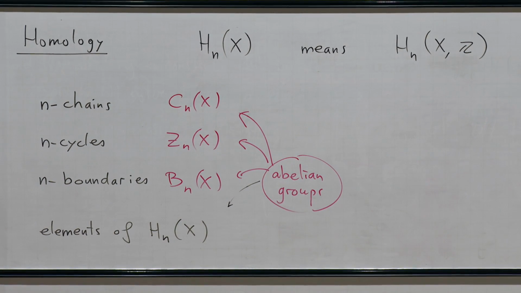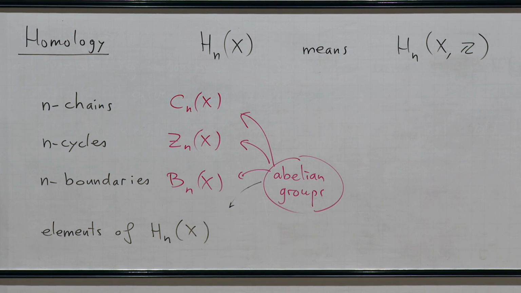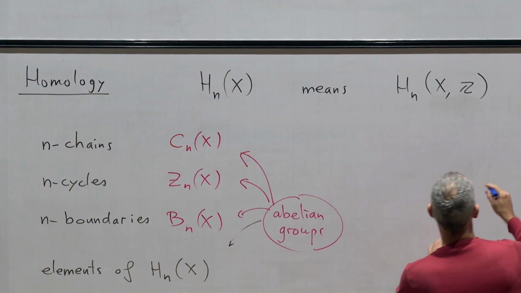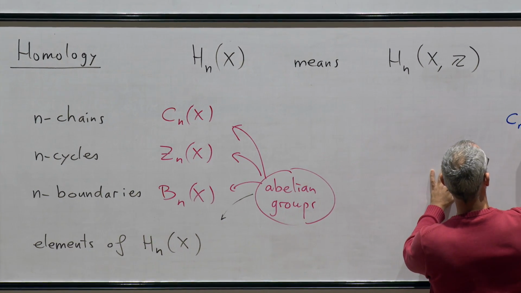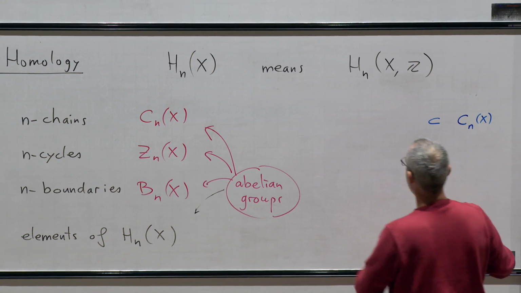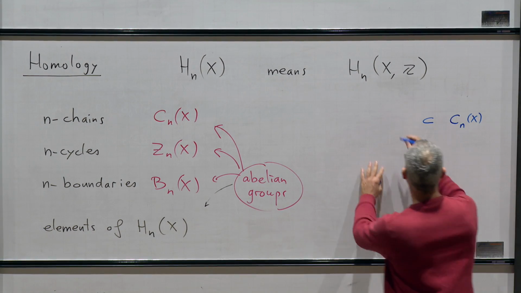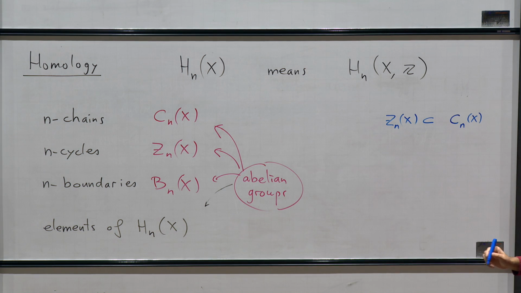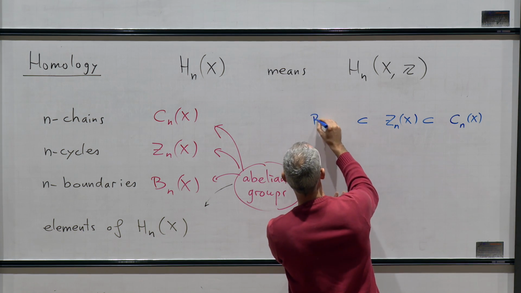They are related in the following way. N chains, that's the most general thing. So the n chains on X contains as a subset, indeed as a subgroup, the n cycles. And the n boundaries are an even smaller subgroup.